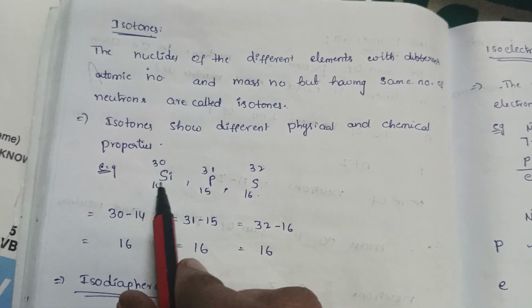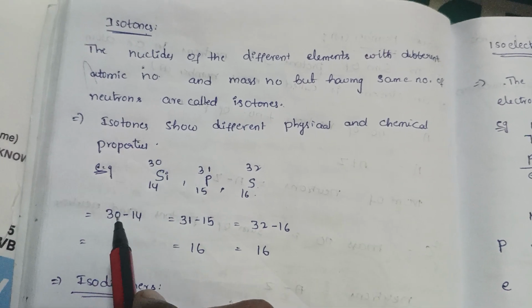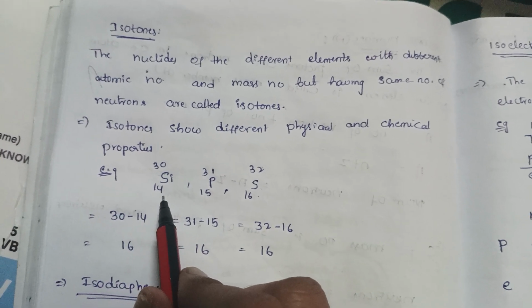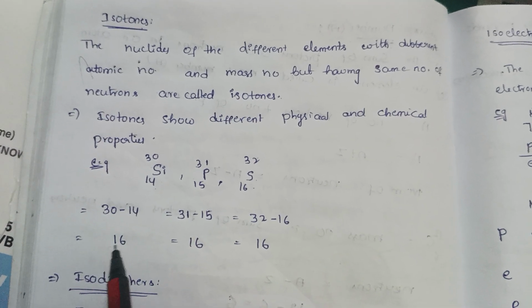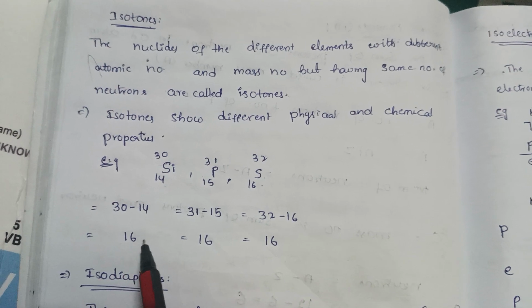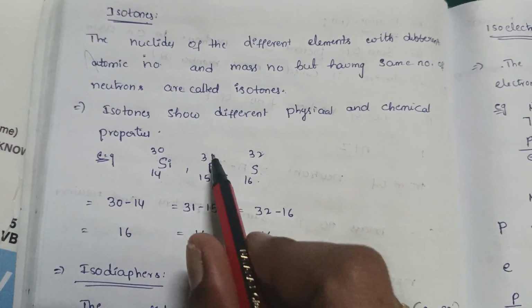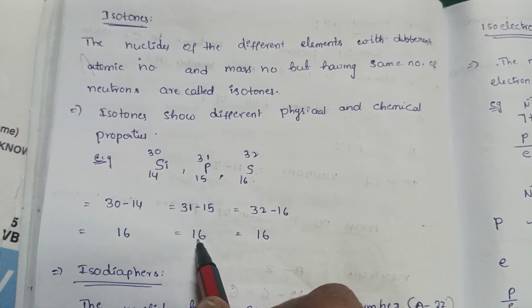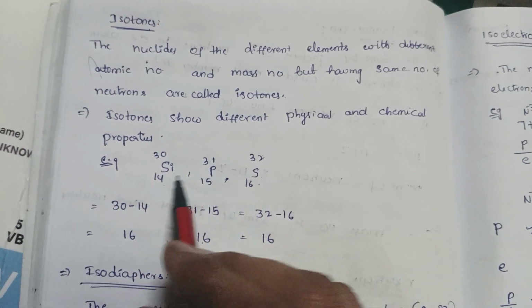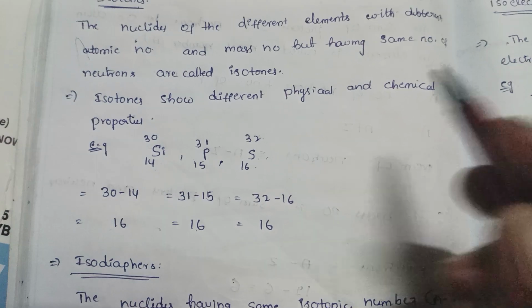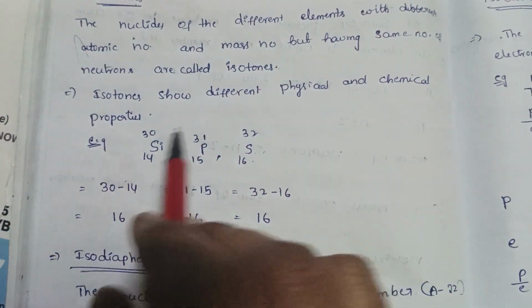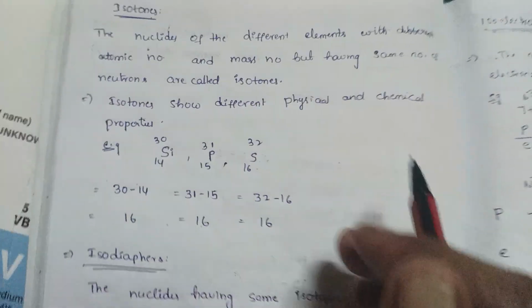Here mass number is 30, atomic number is 14. 30 minus 14 equals 16, means it has 16 neutrons. 31 minus 15 equals 16. Different elements having different mass number and different atomic number but the same number of neutrons are called isotones.